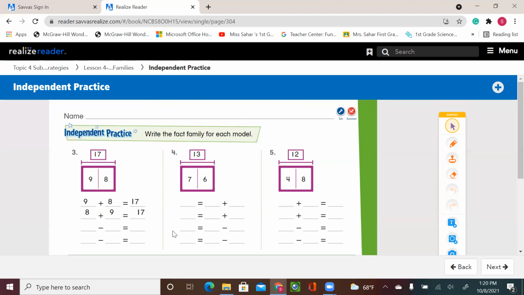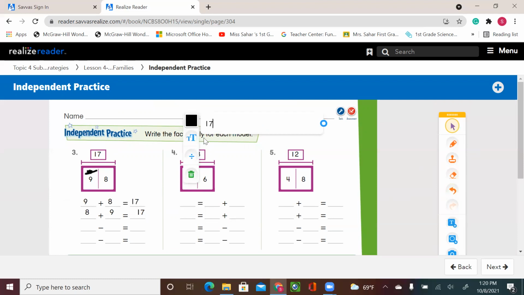All right. So now what's next? Subtraction. Very good. 17. If I hide this part, so 17 take away 9, my answer will be the second part, 8, or the opposite. If I say 17 take away 8, my answer will be 9. So let's do it.